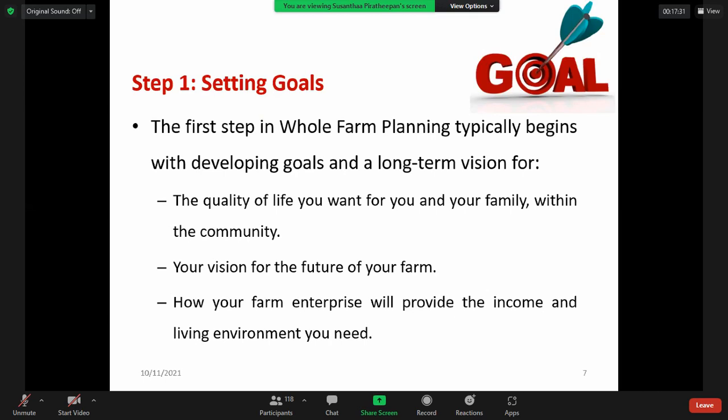So you think about what income you will get, what benefits you will get, and you also want to make sure that your living environment is comfortable for you. For these three major purposes, we set the goals for the long-term vision.